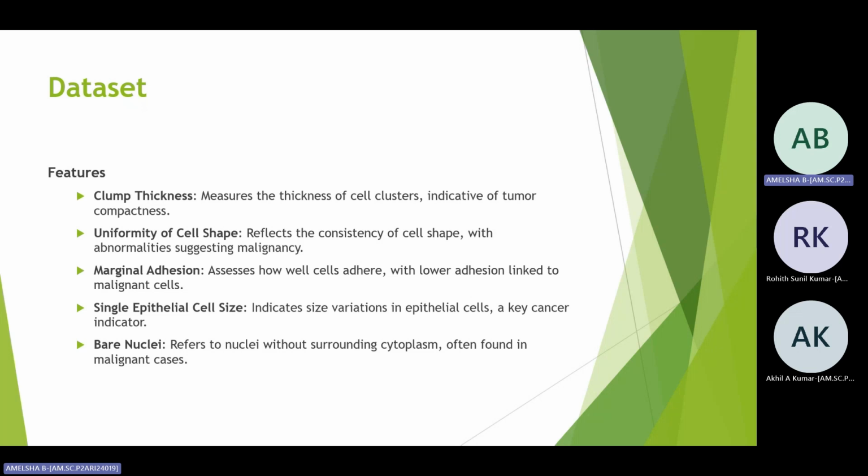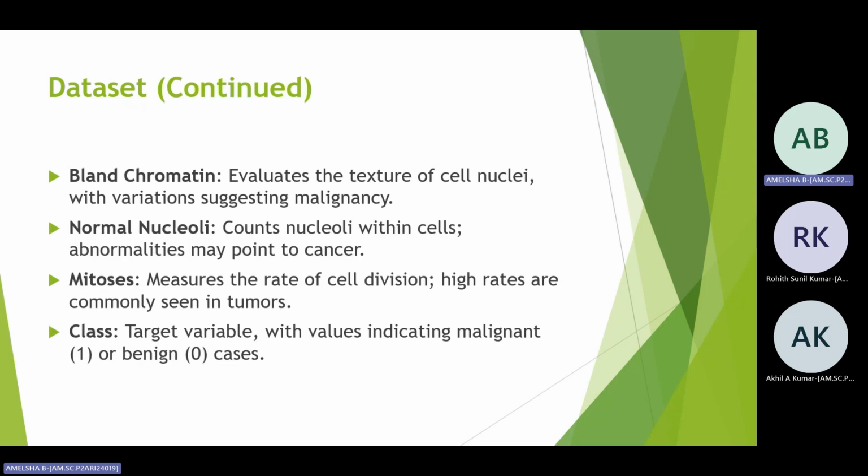Then the bare nuclei is an important feature. It refers to nuclei without surrounding cytoplasm, often found in malignant cases. Then the bland chromatin. It evaluates the texture of the cell nuclei, with variation suggesting malignancy. Then the normal nucleoli counts nucleoli within cells.